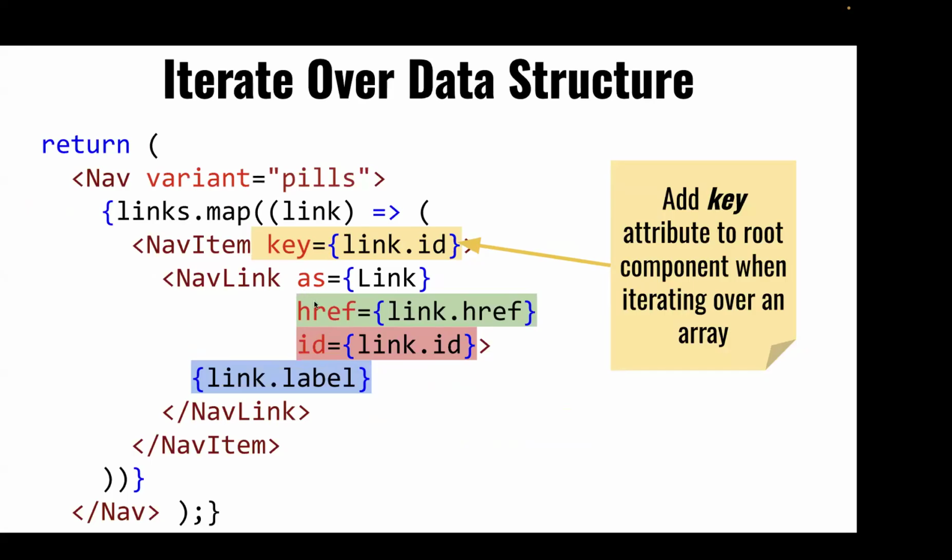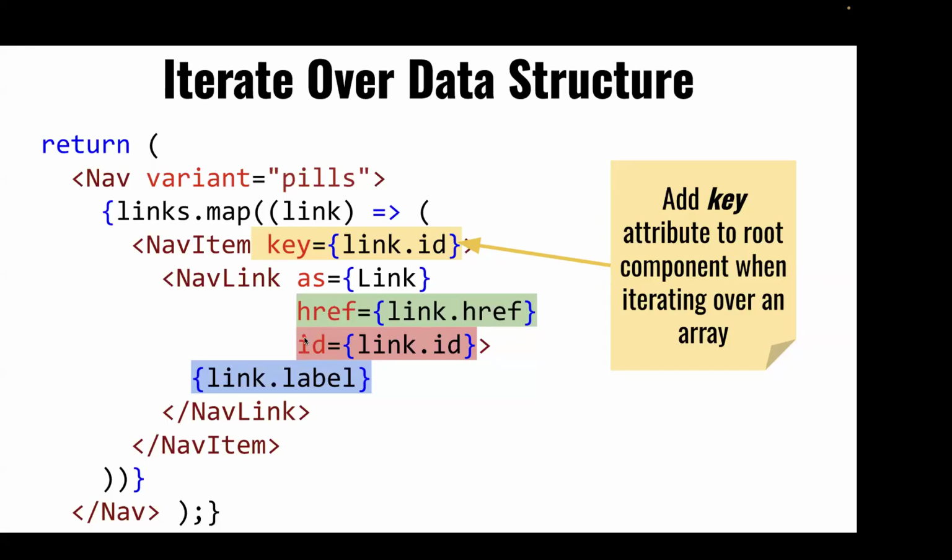Now, one word of caution is that all these nodes are being added dynamically to the DOM, and React needs to be able to keep track of all these items that are dynamically being added. It needs to maintain a unique identifier for each one of them. And the way it does it is that you have to provide a new attribute called key, which is the equivalent of ID.